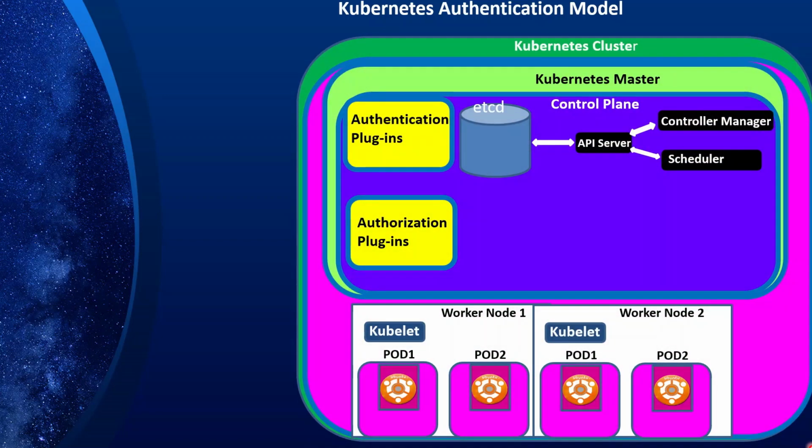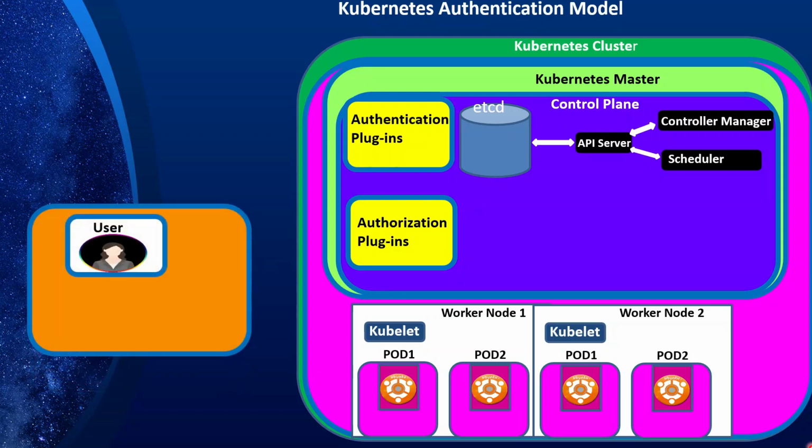In the previous Kubernetes security-related videos, we discussed an overview of the Kubernetes authentication model. Let's go ahead and discuss that process as a refresher. Any communication between a user or a worker node, for that matter, to the API server needs to be authenticated.